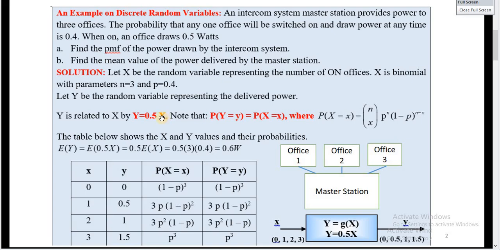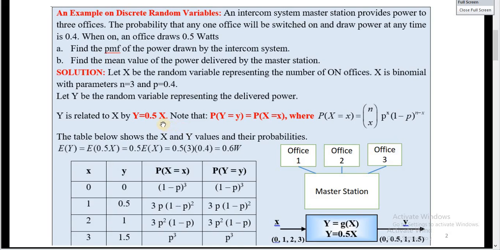X is the input random variable, y is the output random variable, and this is the transformation constant, 0.5x. So this is the relationship between the input and the output, and it's a linear relationship.